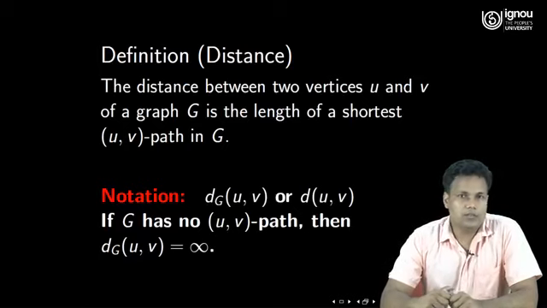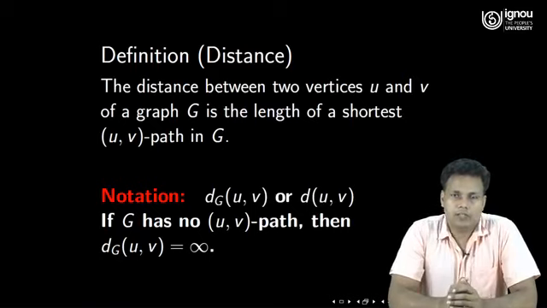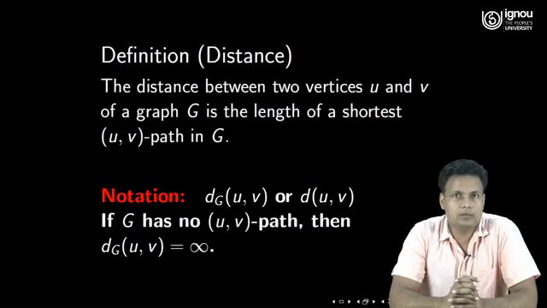We shall use the notation d_G(u,v) to denote the distance between two vertices u and v of a graph G. And when the graph G itself is not important or is clear from the context, we shall just write d(u,v).